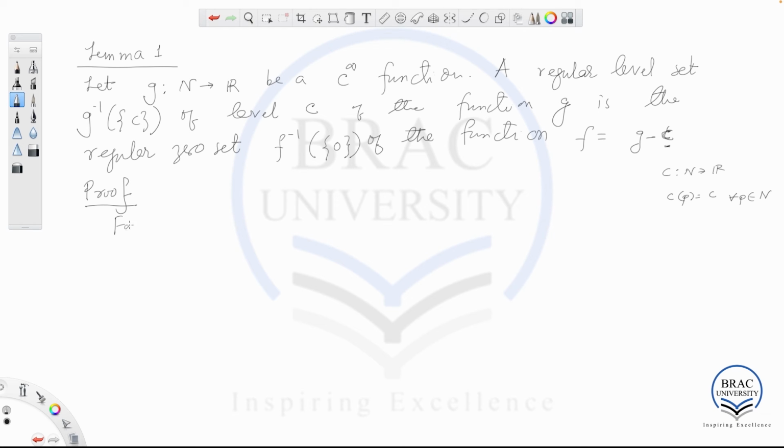For any point P in the manifold N, G of P is equal to C is equivalent to the statement that F of P, so we know this, the definition of this, right?